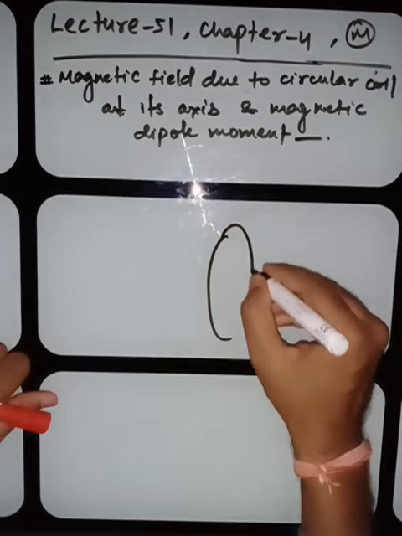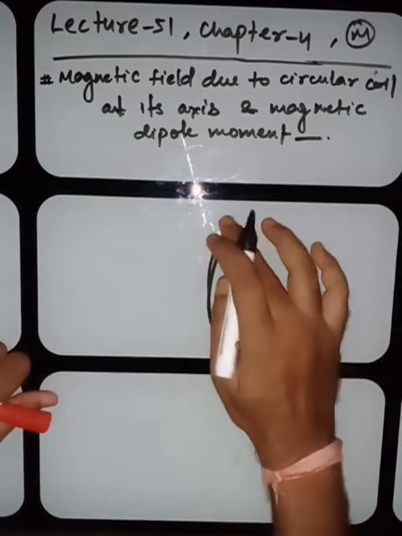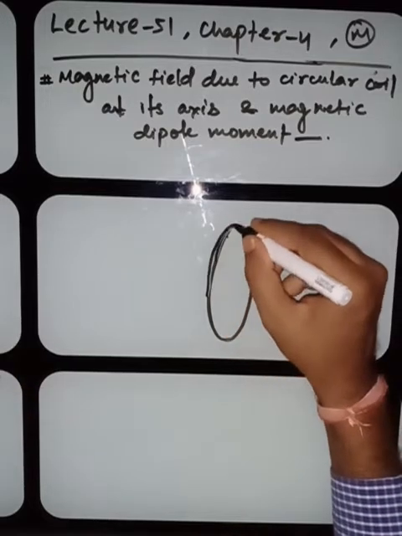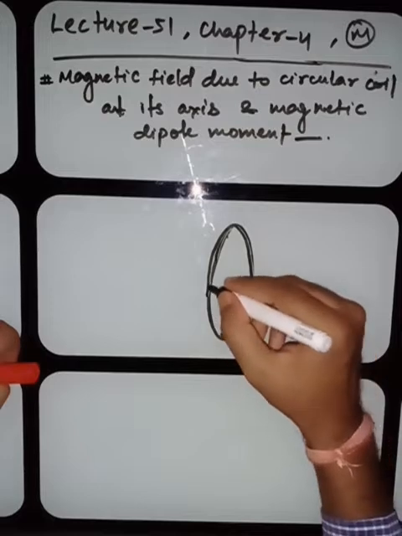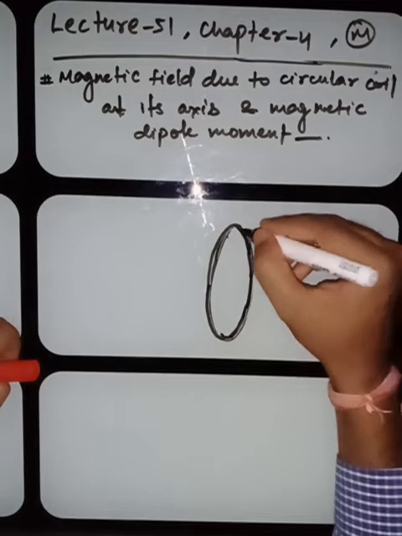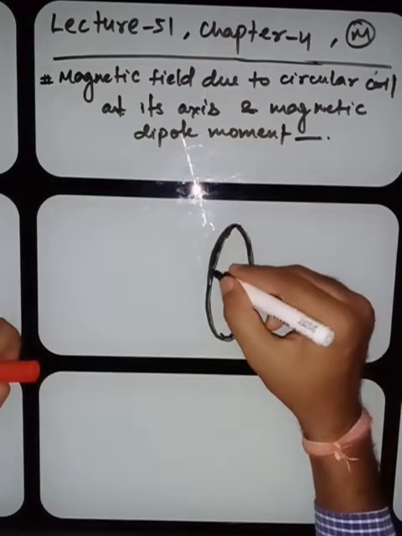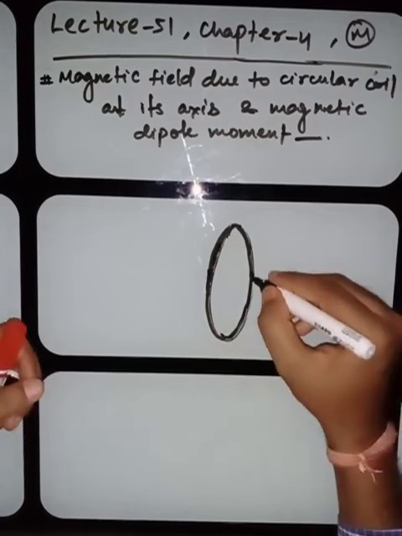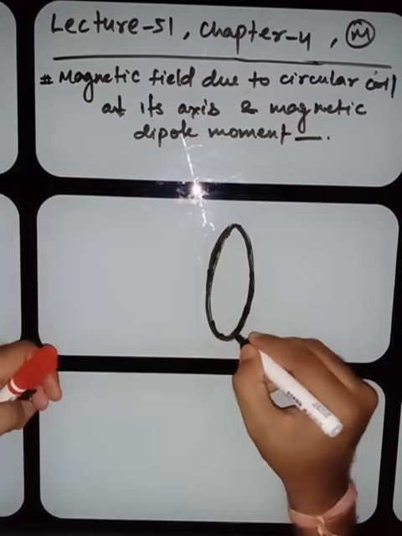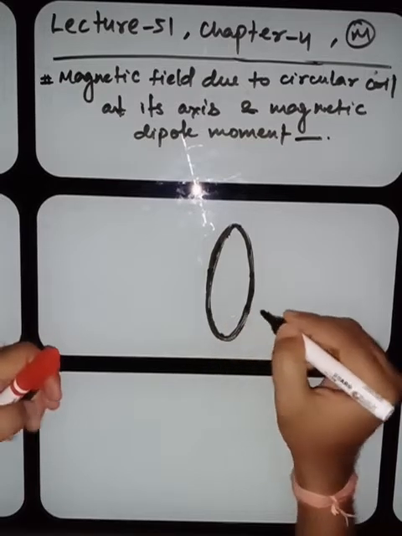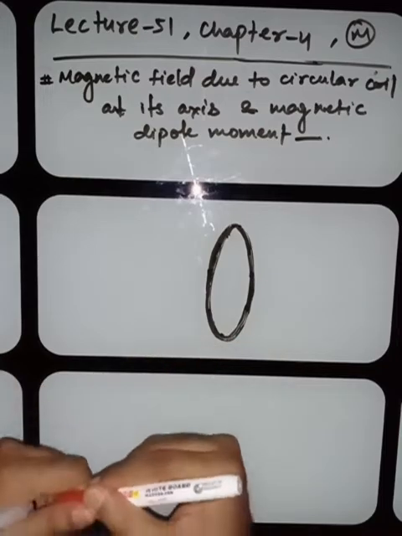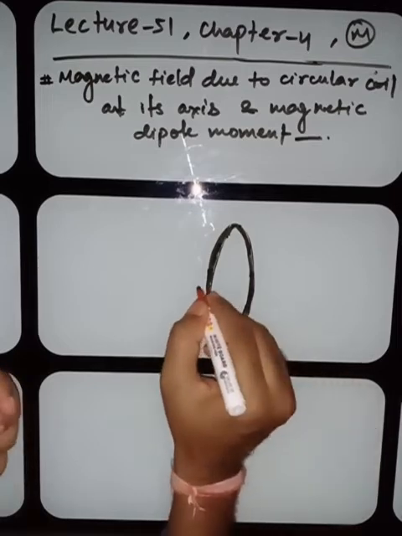If this is the conductor, I'm trying to explain this particular topic in such a way that you can understand clearly, because this is not very tough but a little tricky. Students get confused visualizing whether this axis is behind the conductor part or before the conductor part. Okay, this is the axis.